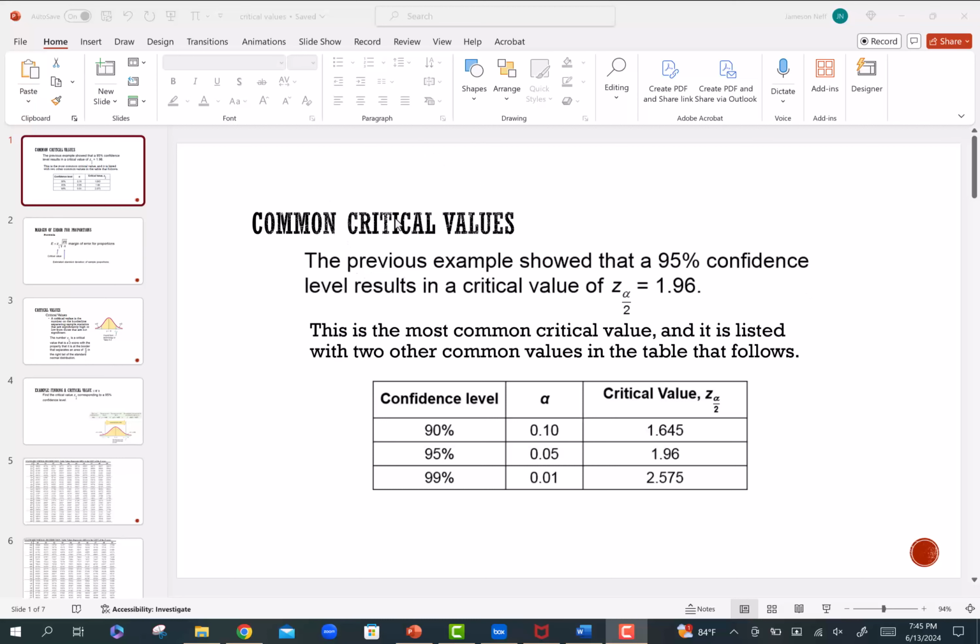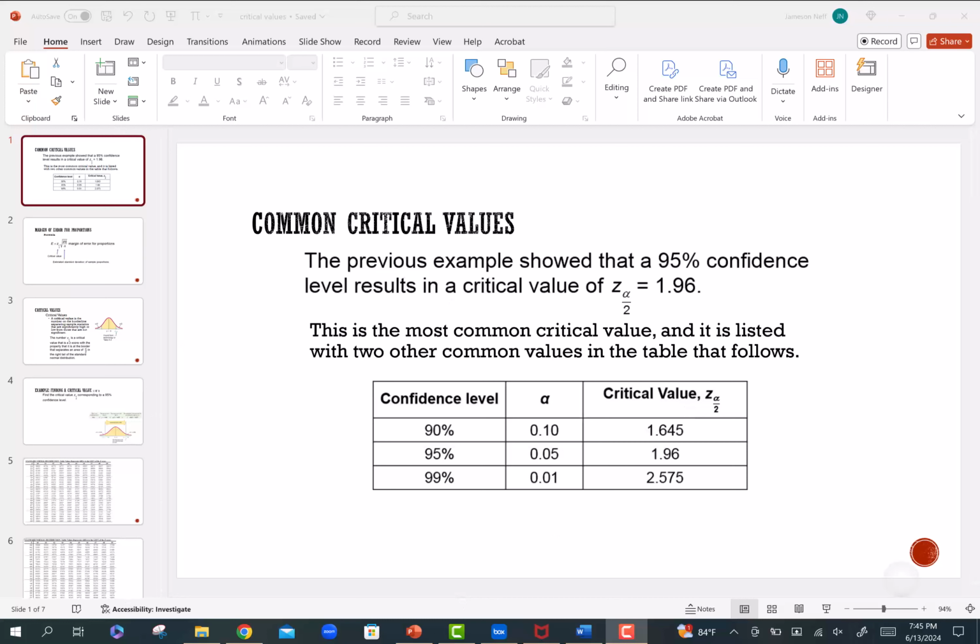Hi, so the purpose of this video is to clarify how the critical values are found. This table right here, you can use these values for calculating the confidence interval of a proportion for section 7.1.